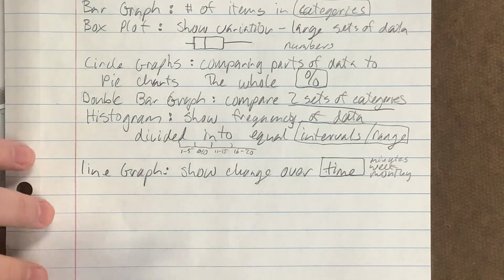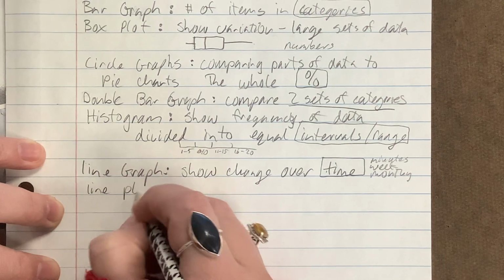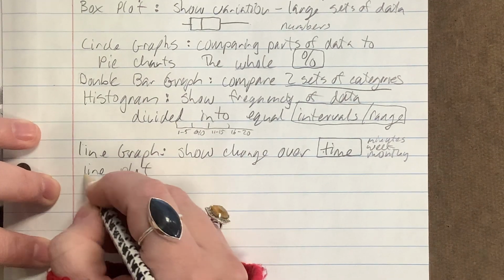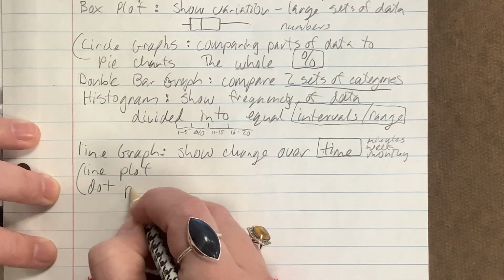Okay, and then the last one, they call it a line plot. I've always called them dot plots. These are the same. Plus dot plot is just really fun to say.